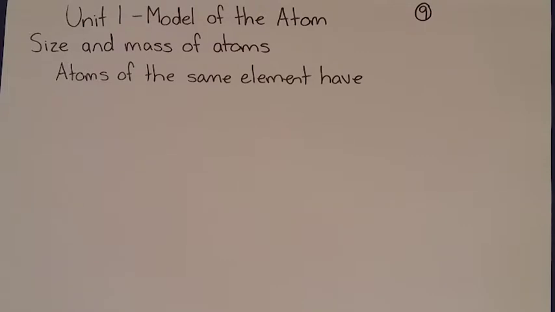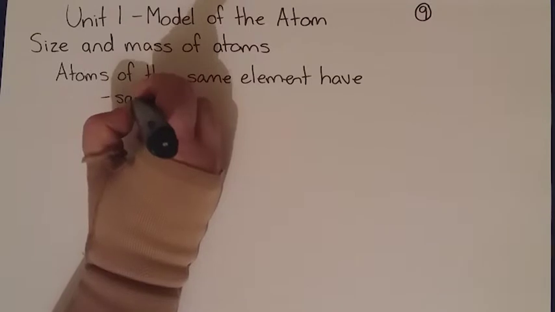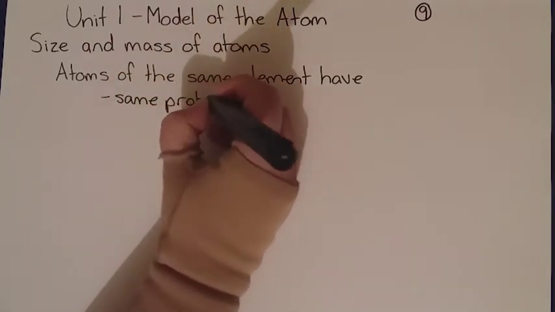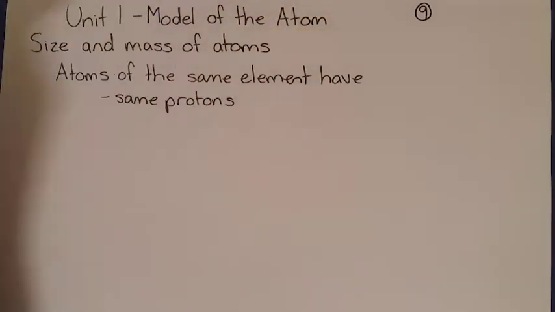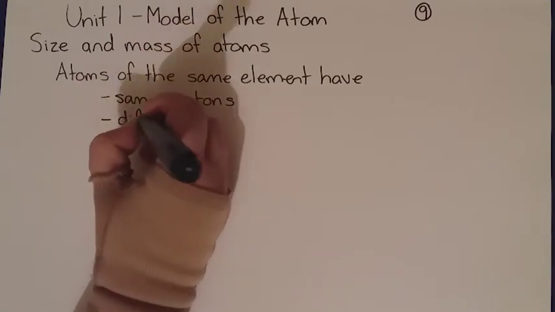Atoms of the same element will always have the same number of protons, because it is the number of protons that defines an element. They can, however, have different numbers of neutrons.